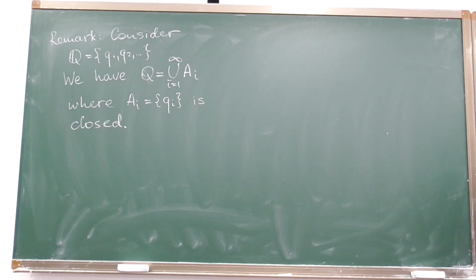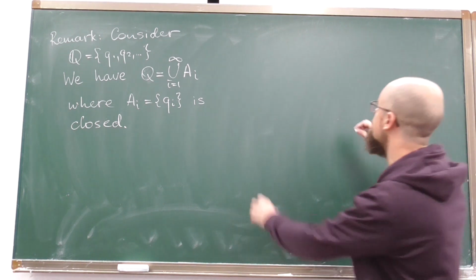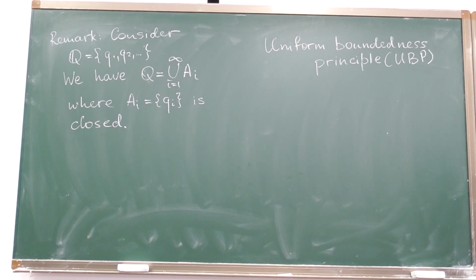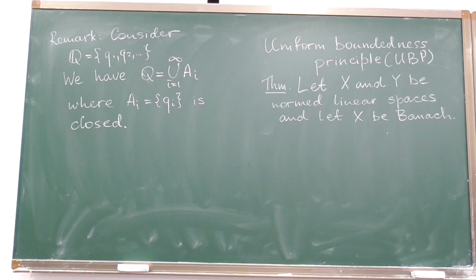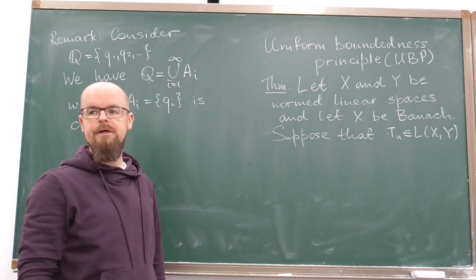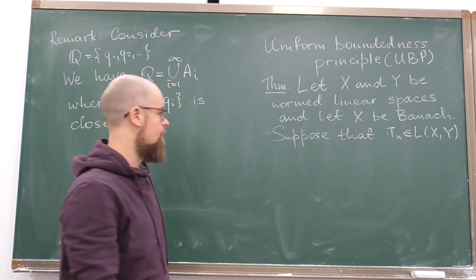Now we will go back to our realm of linear operators. The next result for today is the Uniform Boundedness Principle, or UBP for short. So let us consider two normed linear spaces, and one of them is Banach. Now let us consider a sequence of bounded linear operators T_n from X to Y, and let us suppose that this sequence is pointwise bounded.